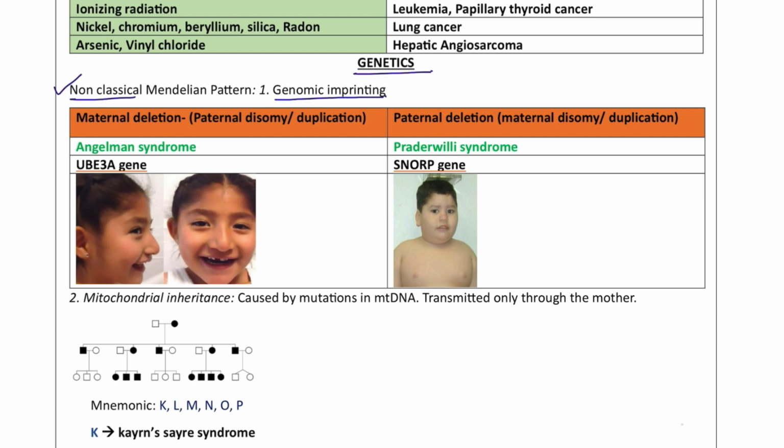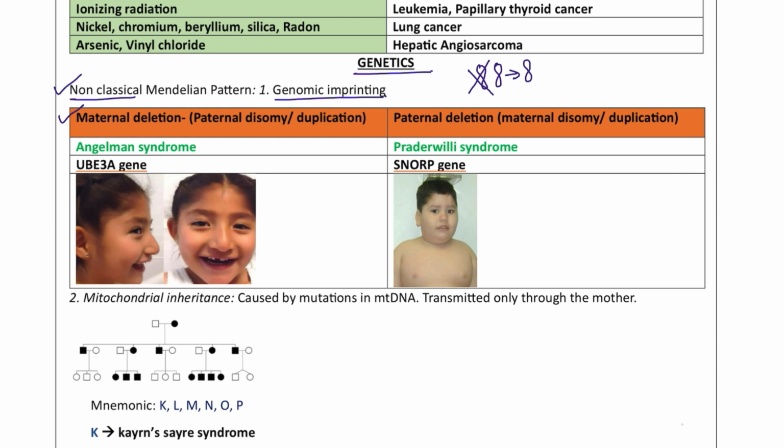Genomic imprinting is about the deletion of particular chromosomes; it could be the maternal or the paternal chromosome. For example, this is the maternal, this is the paternal. What happens whenever there is a deletion, of the mother's or of the father's? The remaining one has to be duplicated.